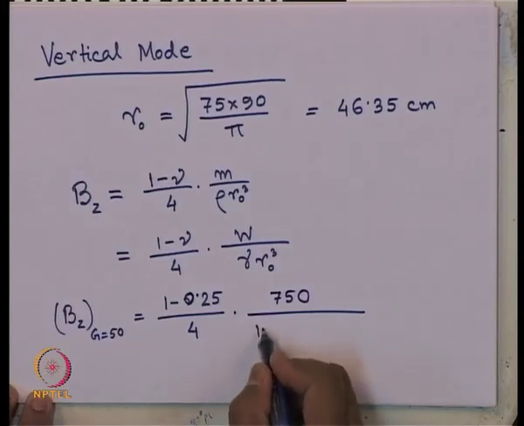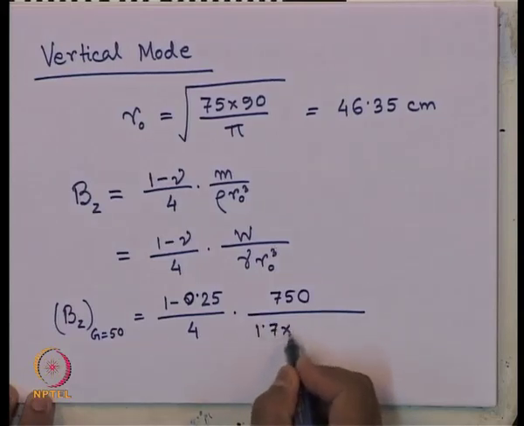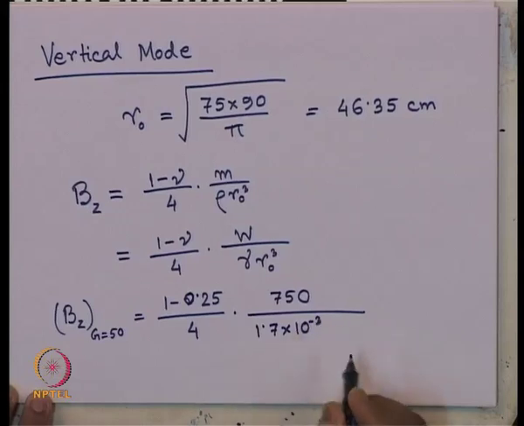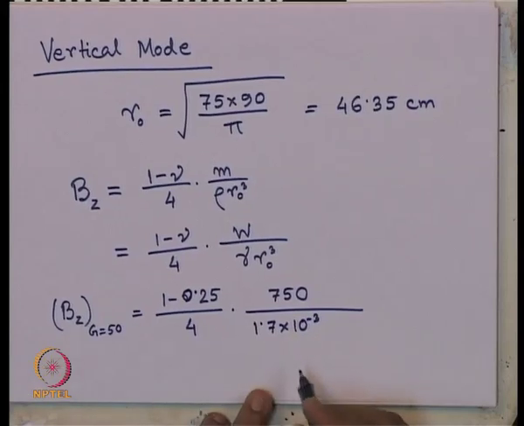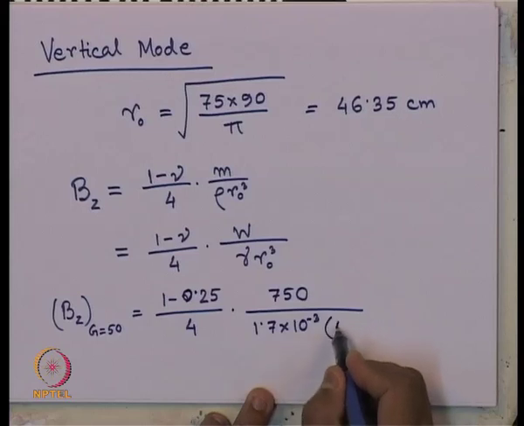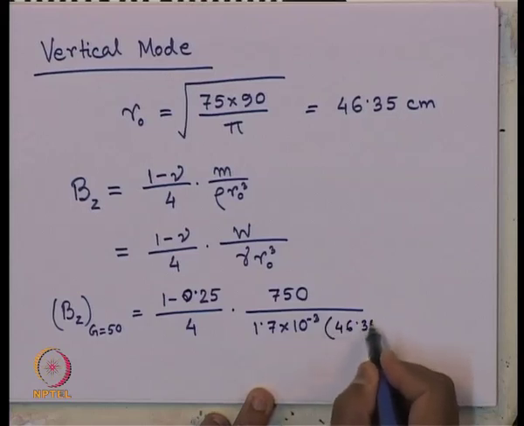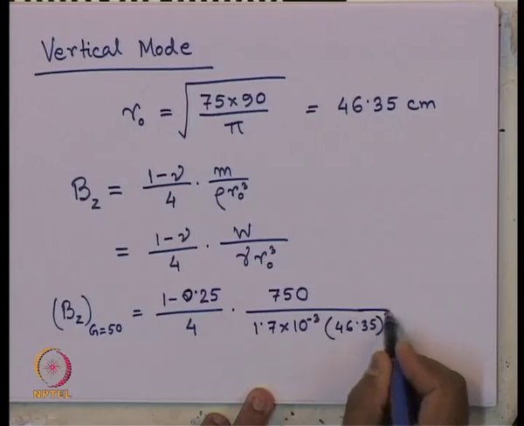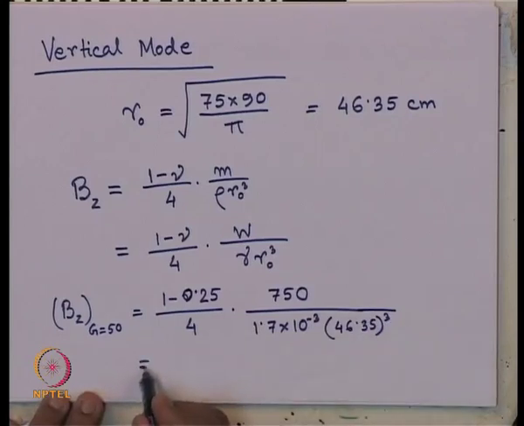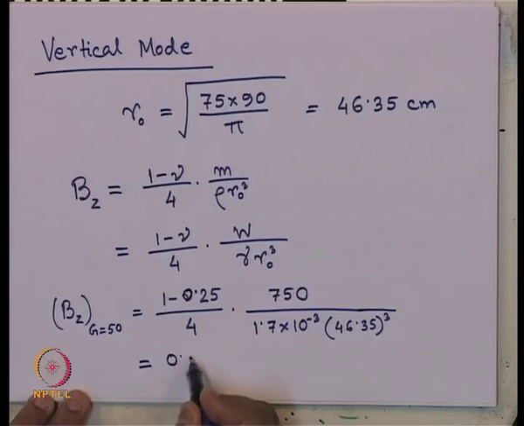We have considered for this type of soil 1.7 into 10 to the power minus 3 kg force per centimeter cube times 46.35 cube. So, it will give us obviously non-dimensional value. How much was the value? Earlier also we had calculated this Bz 0.831. Okay.